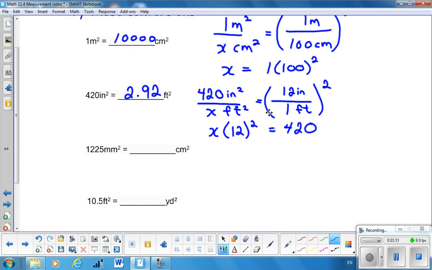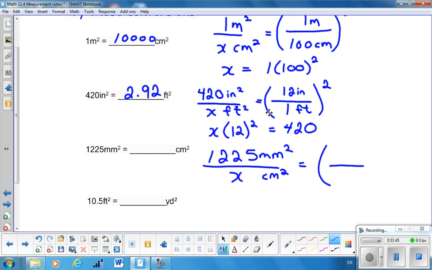Our next example, 1,225 millimeters squared, and we are changing this into centimeters squared. Our conversion factor is that 1 centimeter is 10 millimeters.